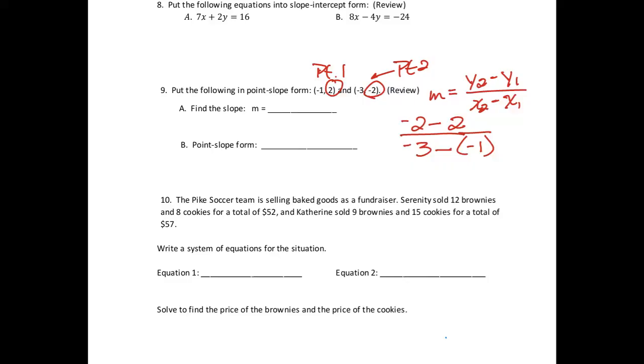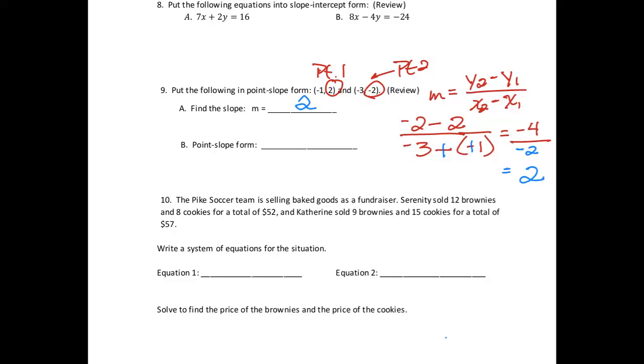So negative 2 minus 2 is going to be negative 4. And you can't have a double negative here, so you add the opposite. Negative 3 plus 1 is going to be negative 2. And negative divided by a negative is a positive 2. So my slope is positive 2.